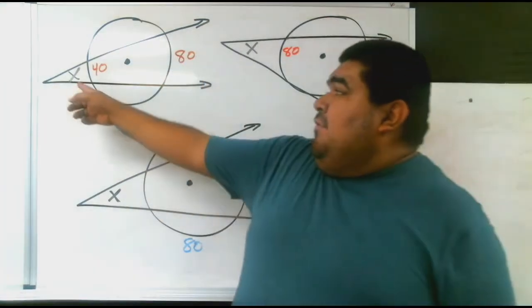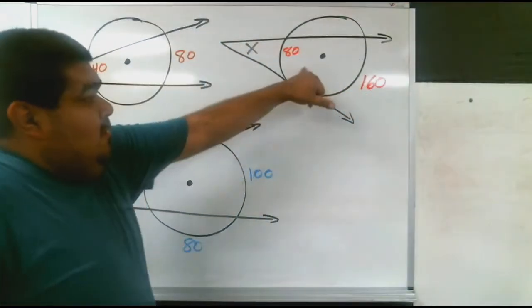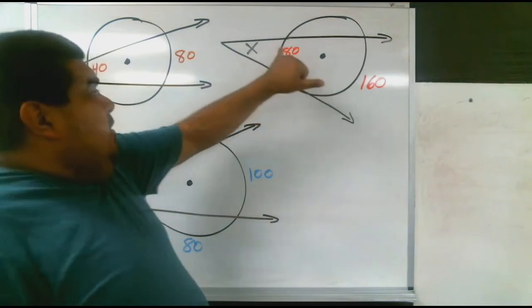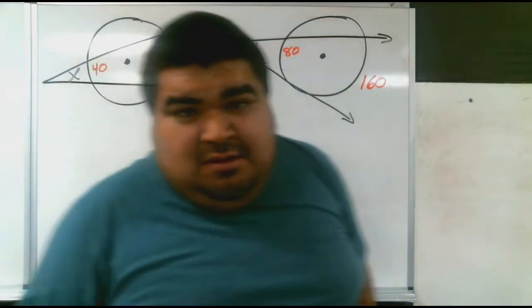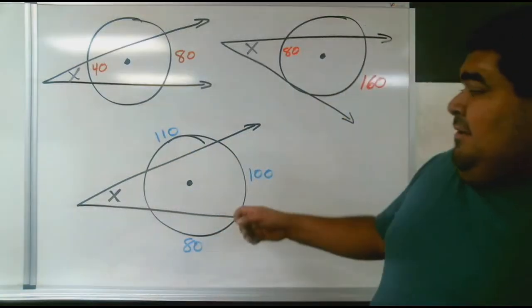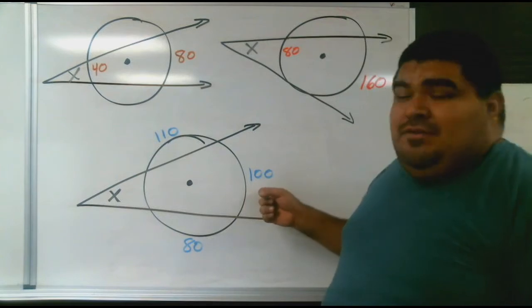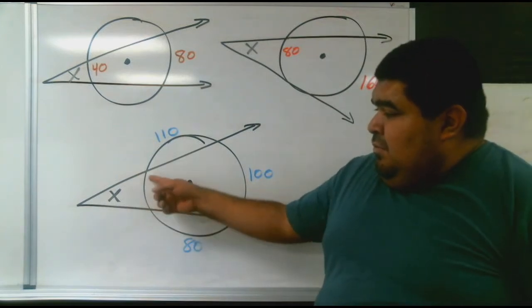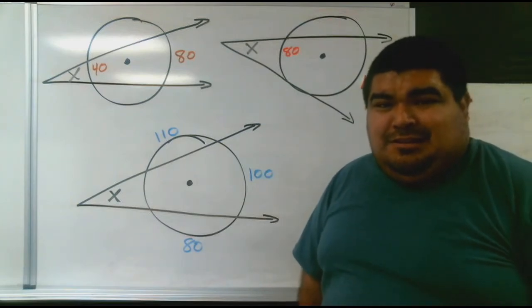For the second one, we have 160 on the outer arc, 80 on the inner, and again, we're solving for that vertex or that angle. And finally, we have 100 on the outer arc. We don't have a measurement on the inner arc. Hint, hint.